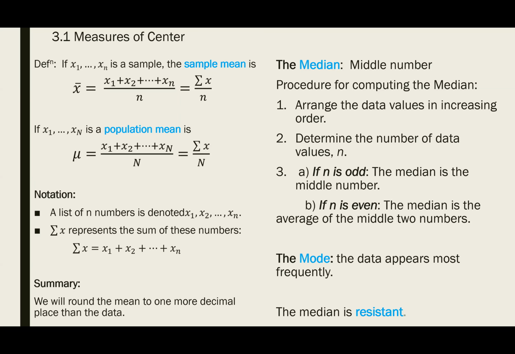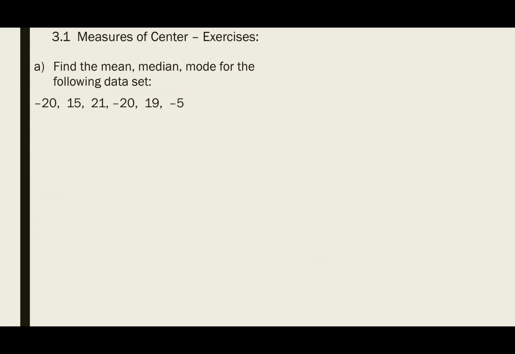So looking at this here, let's do some examples. Let's say I give you this data and I ask you to find the mean, the median, and the mode. To find the mean, all you need to do is take each of your data, add them up, and divide by the total number of data, which in this case is 6.